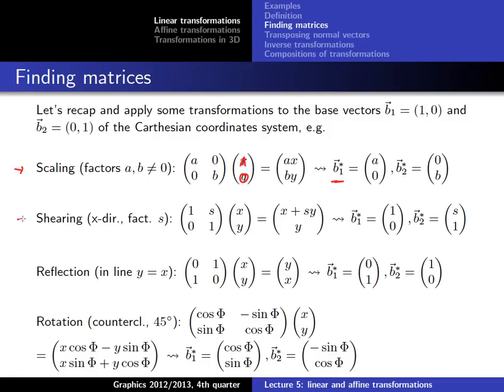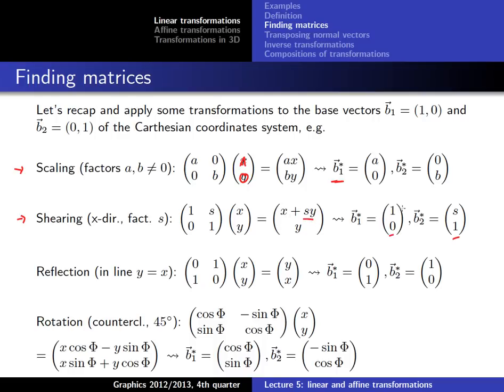For the shearing, the y value doesn't change. So in the first case it stays 0, in the second case it stays 1. With (1, 0), the y is 0, so that also doesn't change, and that is 0 here.